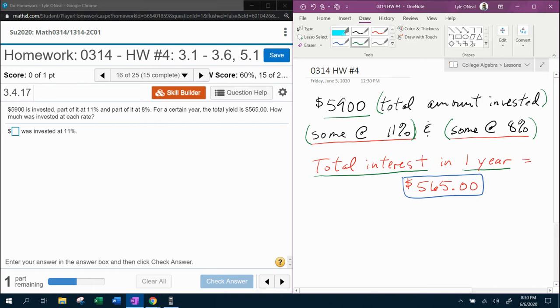So I think it's important to note that we're going to need a formula, and this is the simple interest formula. The interest is principal times rate times time.